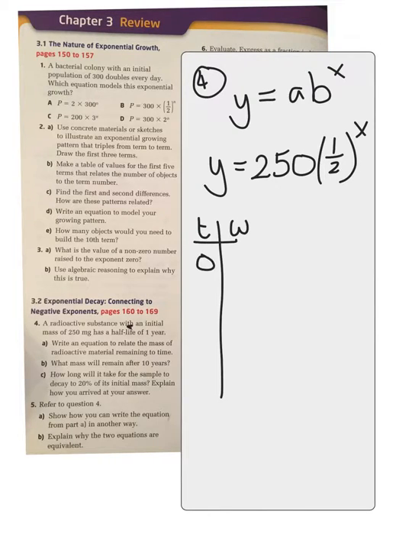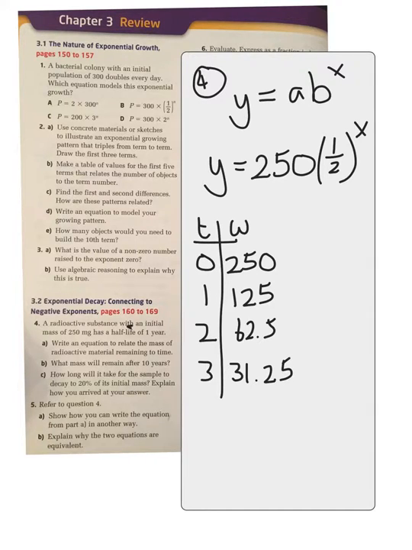The initial weight is 250, its half-life is 1 year, so after 1 year it will be 125 grams. After 2 years, another year goes by, it goes half again, 62.5. Another year goes by and it's 31.25, and every year it loses half its weight.